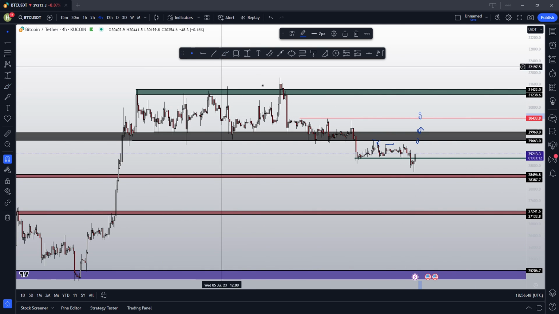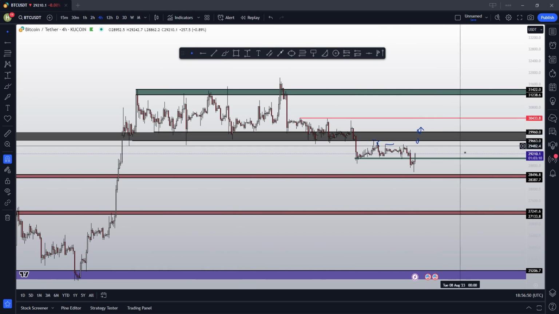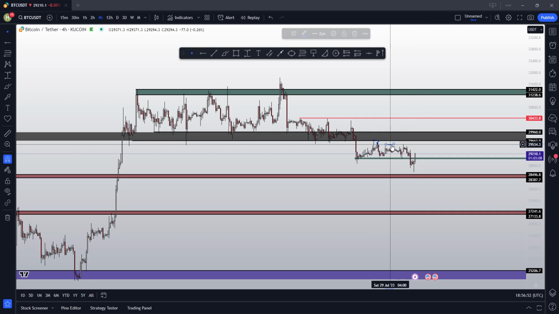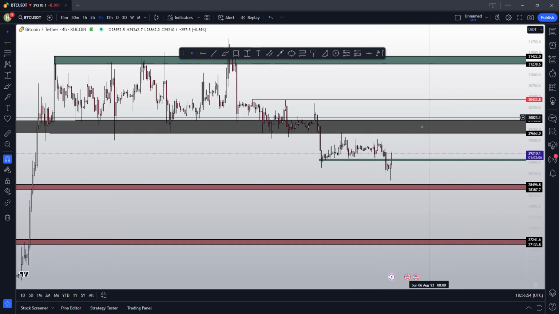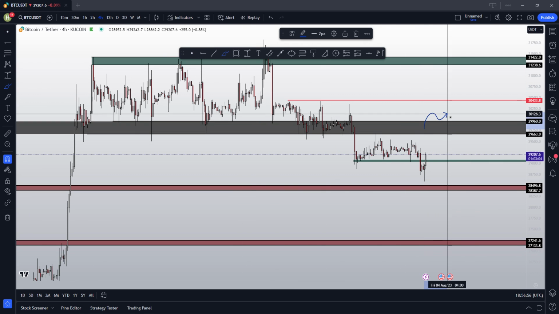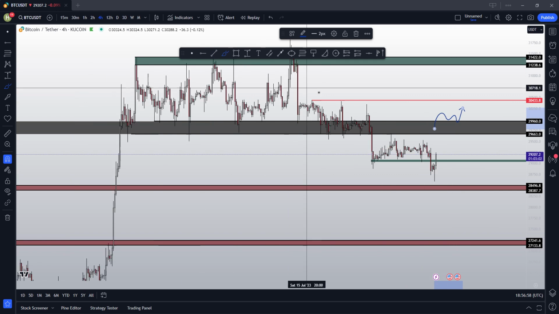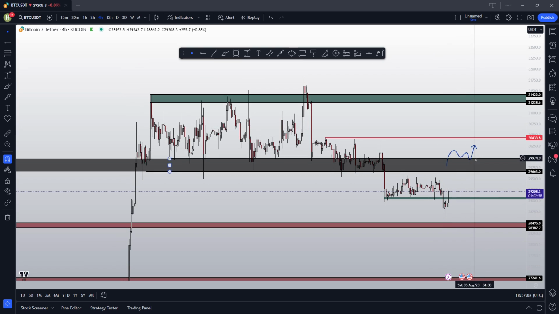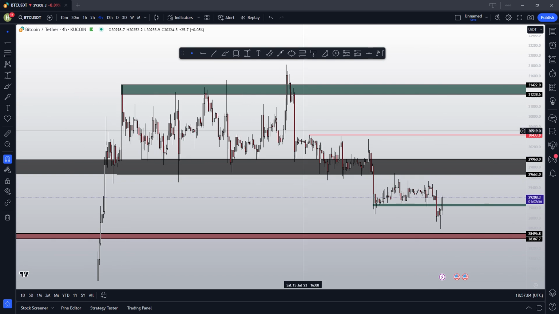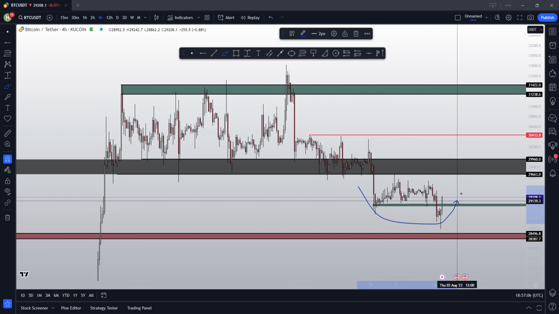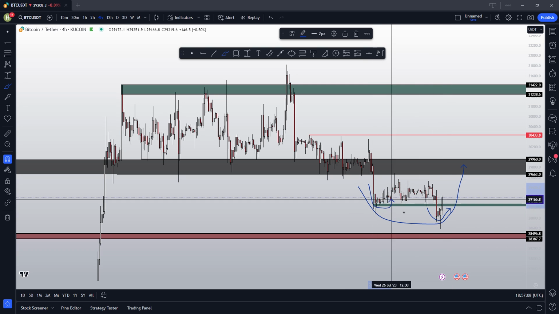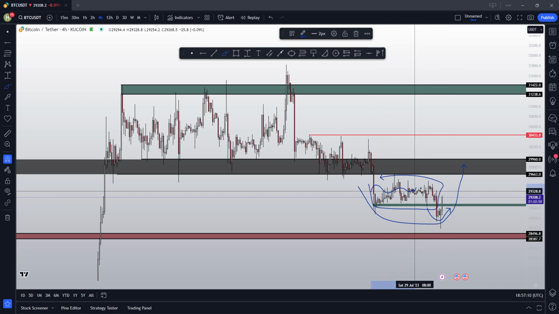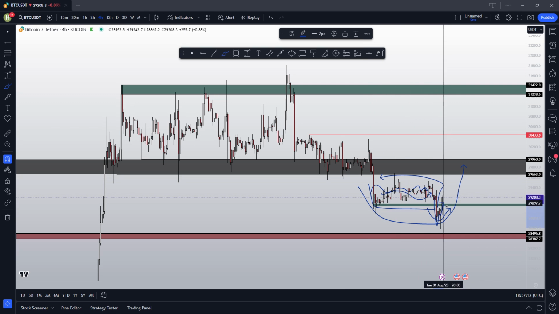So that's a lower time frame power of 3, bullish power of 3. If we get a close above here, it's not higher time frames, but it's higher than the last one we used. It would make this zone here a deviation on the lower time frames: range, accumulation, manipulation, expansion targeting here.